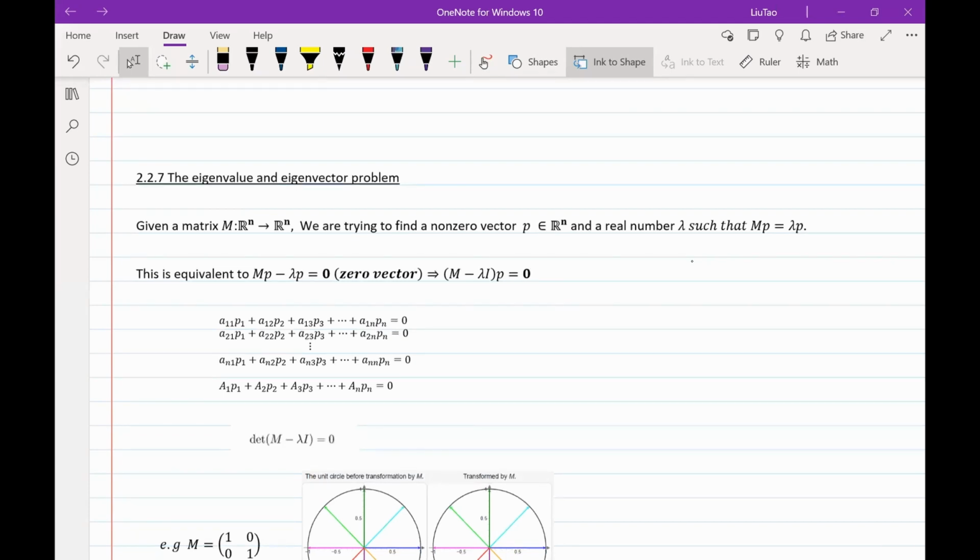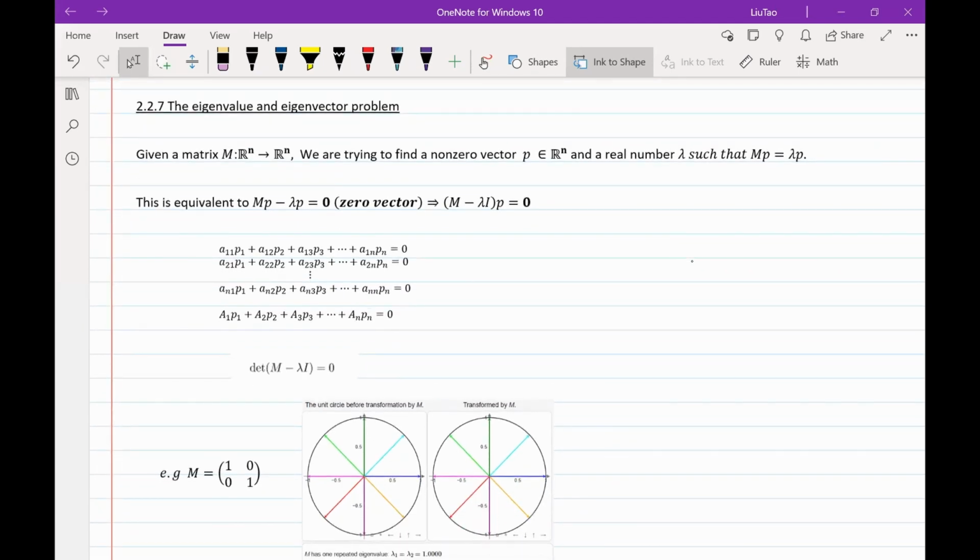So from the above definition, we know that given a matrix M from Rn to Rn, we are trying to find a non-zero vector P and a real number lambda such that MP is equal to lambda P. This is equivalent to MP minus lambda P equal to 0, where 0 is the zero vector.